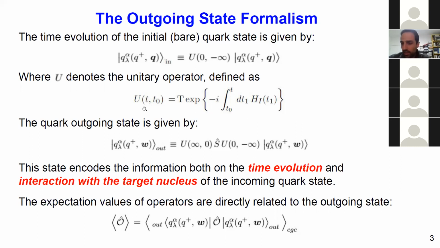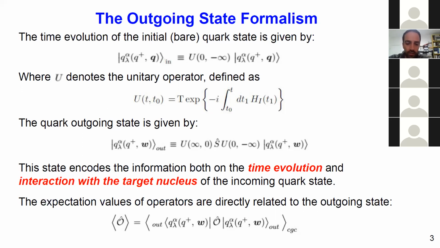Now, this state doesn't know anything, of course, about the interaction between the projectile and the target. If we want a state which knows about the interaction, we have to act with 3 operators. You can see the definition of this state here. This is what we call the outgoing state.